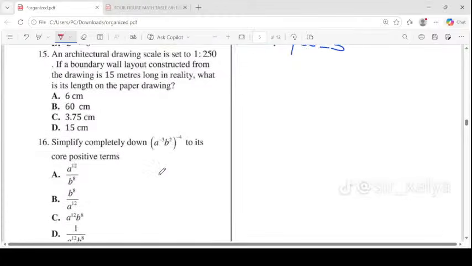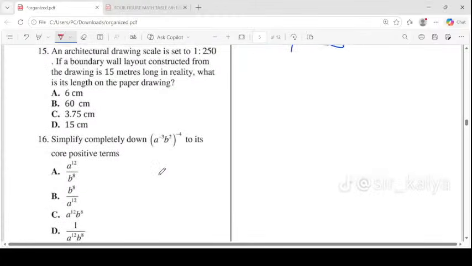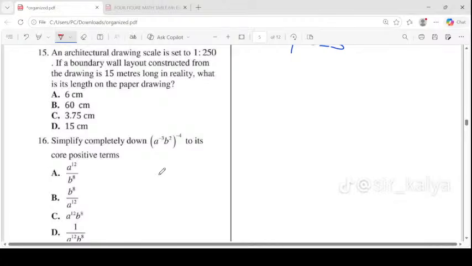Let us look at question number 15. An architectural drawing scale is set to 1:250. If a boundary wall layout constructed from the drawing is 15 meters long in reality, what is its length on the paper drawing?